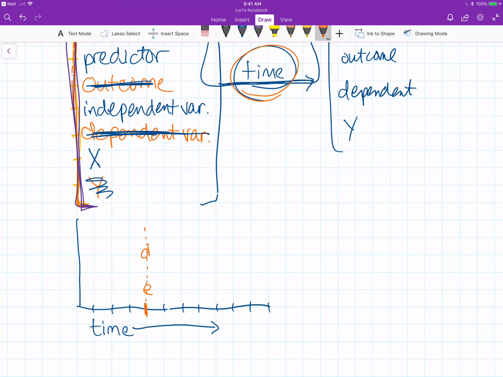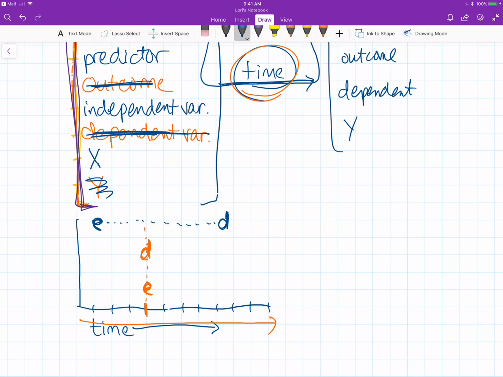So if this x-axis is representing time going by, exposure and disease are measured at the same exact time, as opposed to in other more longitudinal studies, the exposure is measured at an earlier time, and then the disease is measured later.